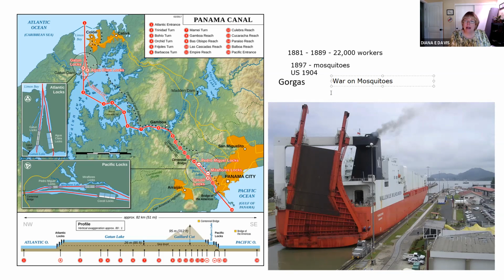Building the Panama Canal took 10 years and cost the US $375 million. That sounds like a lot of money now, but it was $370 million at the beginning of the 1900s. This would be around $10 billion in today's money.